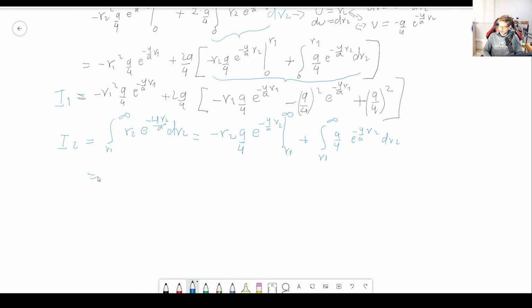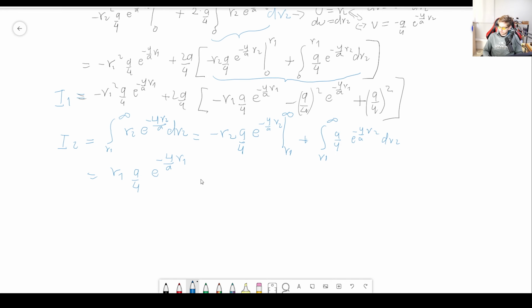Here the first part will go to 0 when r2 goes to infinity, and then we have minus evaluated at r1. So we get r1, and the minus signs cancel out: a over 4 e to the minus 4 over a r1.